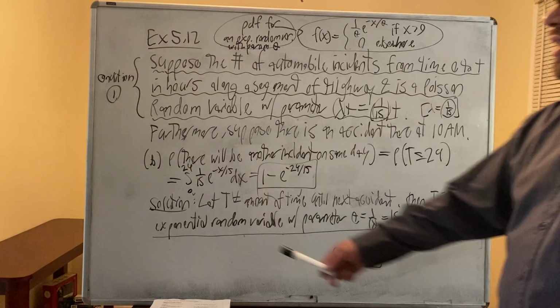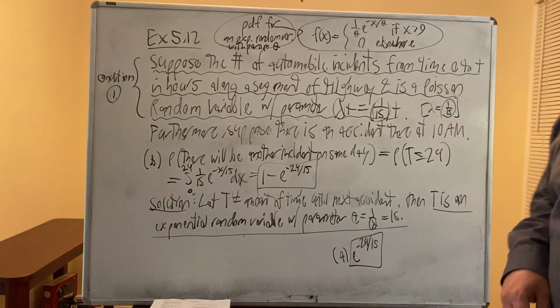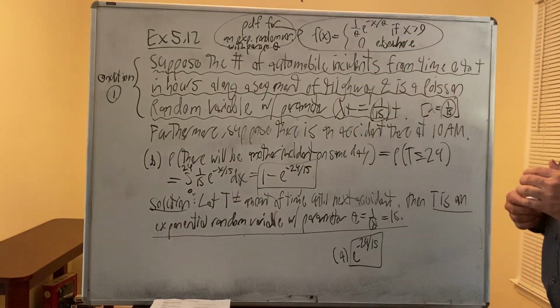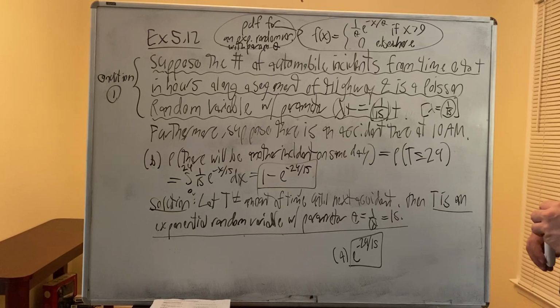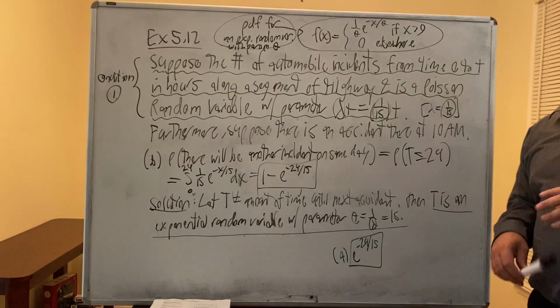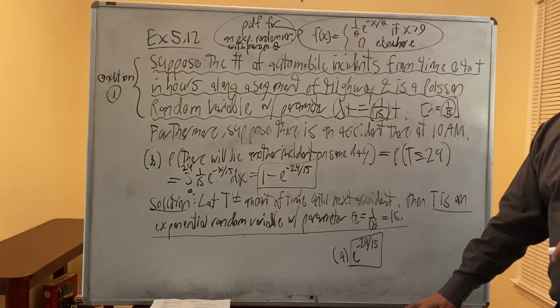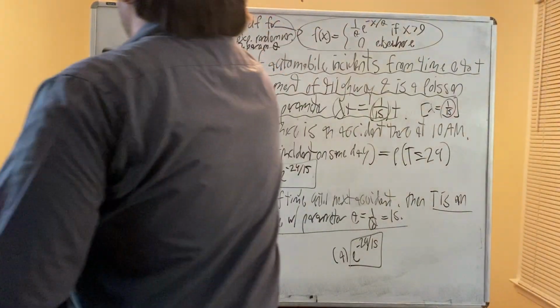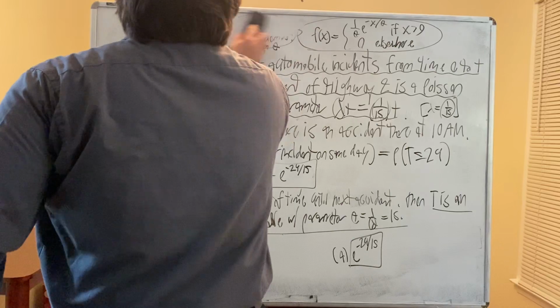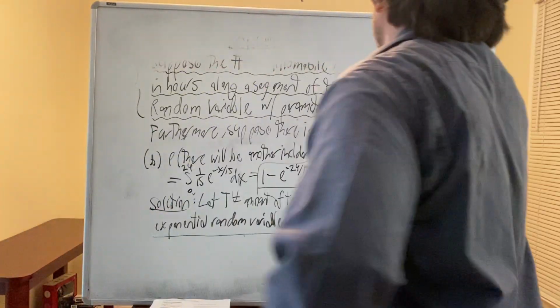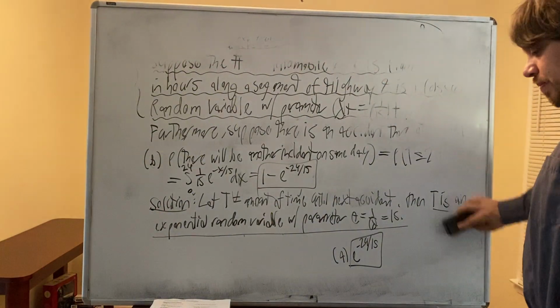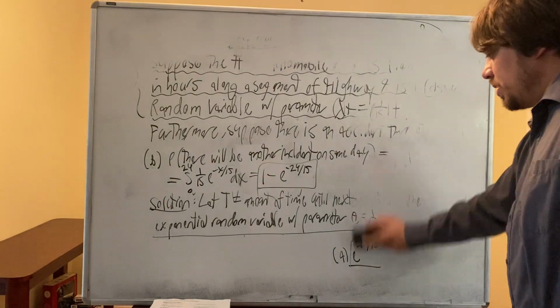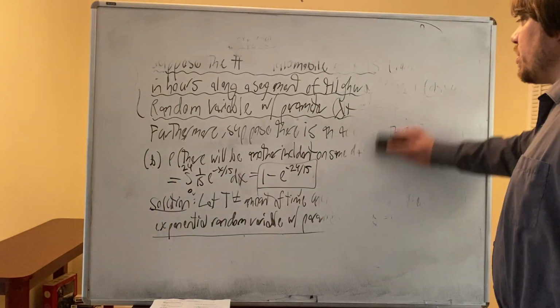Okay, and so here we see condition 1 and how we apply condition 1 to conclude that our random variable is an exponential random variable with parameter theta. Now the next example, 5.13, we'll use condition 2 to conclude we have an exponential random variable, and then we're going to use that to find a probability.